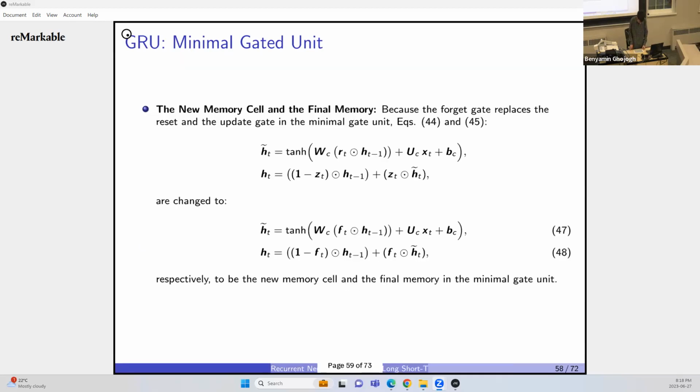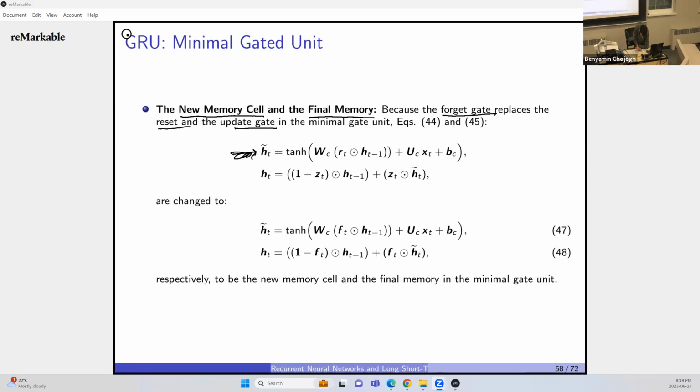So the new memory cell and the final memory in the minimal gated unit are these. Because we have merged the reset gate and update gate, and we have a forget gate now, the equations are changed. In the minimal gated unit, ht tilde becomes this.